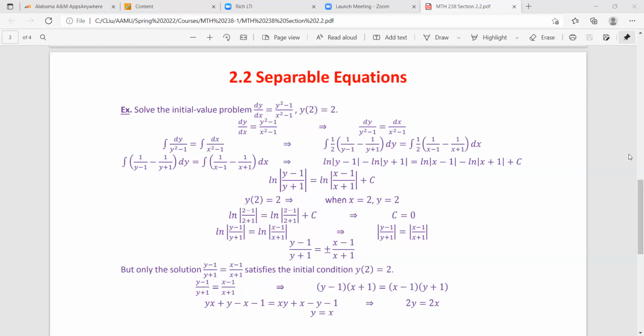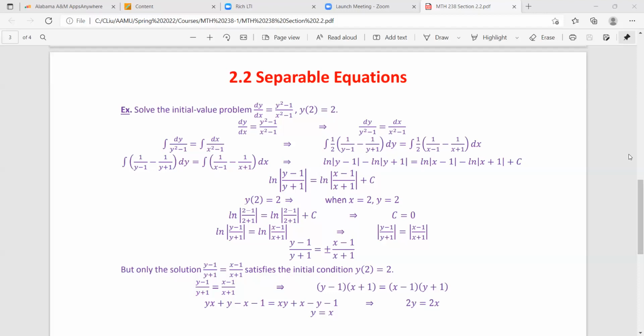Okay, partial fraction decomposition means you have a rational function that you can decompose as a sum or difference of several terms based on the factorization of the denominator.